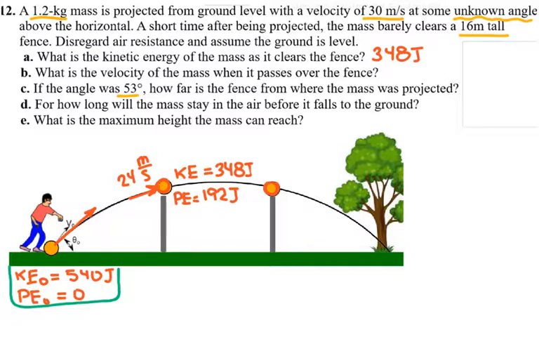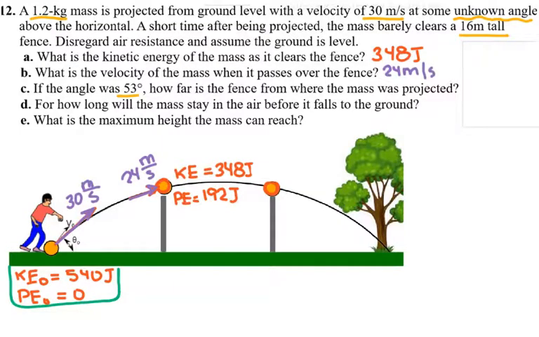And we can also do this: the initial velocity was 30 meters per second, and now you found the velocity is 24 meters per second.